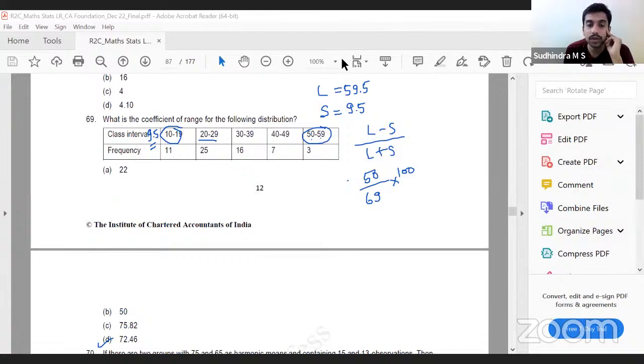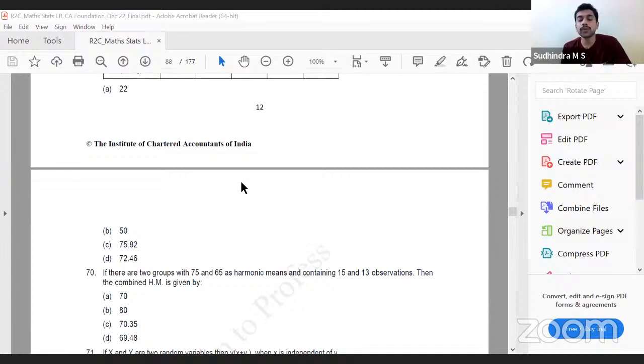Yes. Next question. Question number 70. If there are two groups with 75 and 65 as harmonic means and containing 15 and 13 observations, what is the combined harmonic mean? Same problem we had solved in the class. 70, sir. Yes. So the formula is N1 plus N2 divided by N1 by H1 plus N2 by H2.